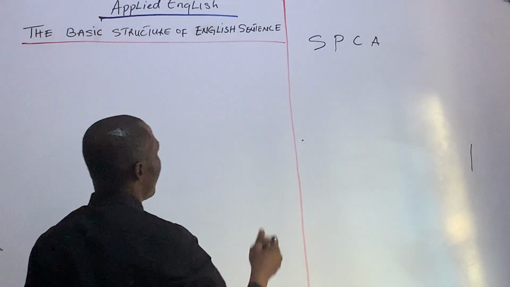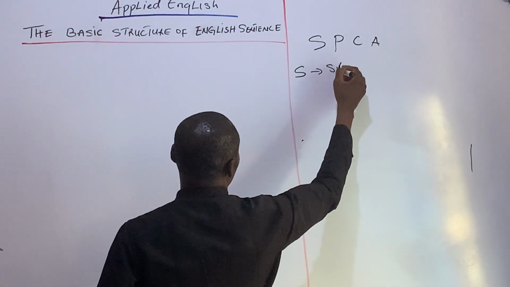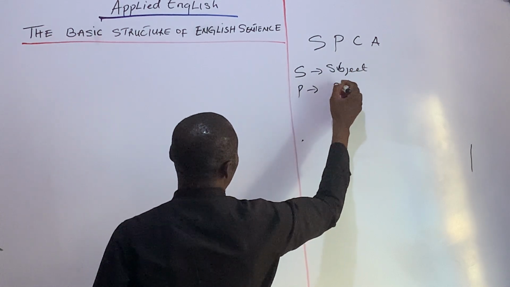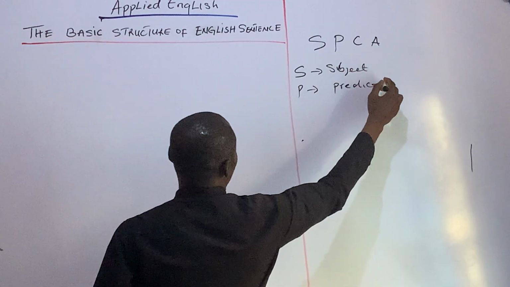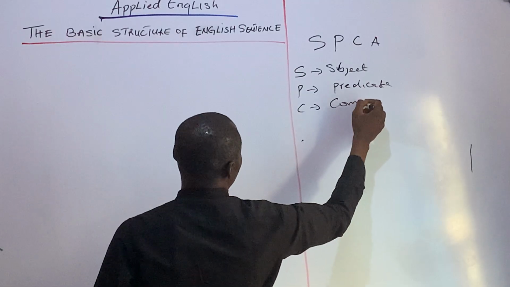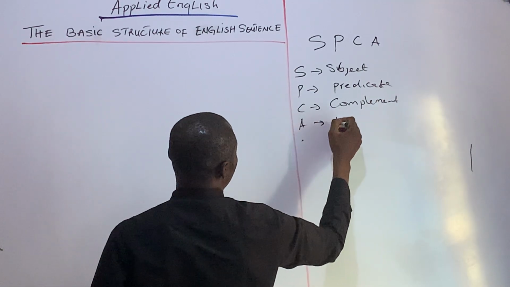SPCA. Now, S there is for the subject, then P is the predicate, then C is the complement, and then A is the adjunct.